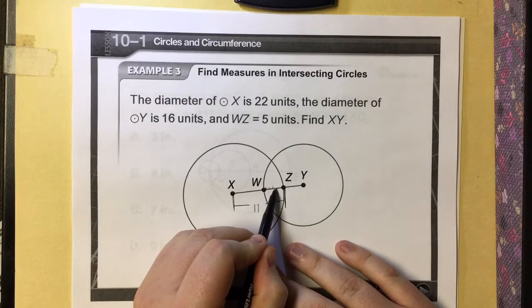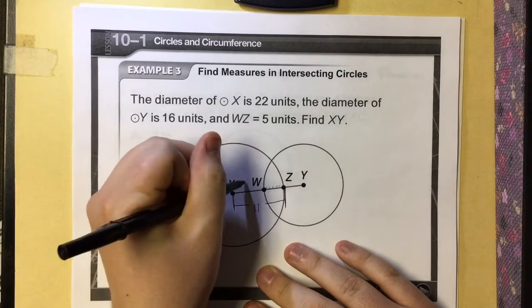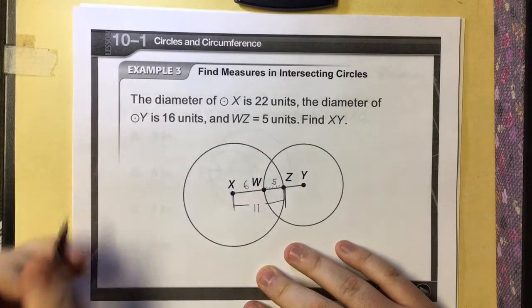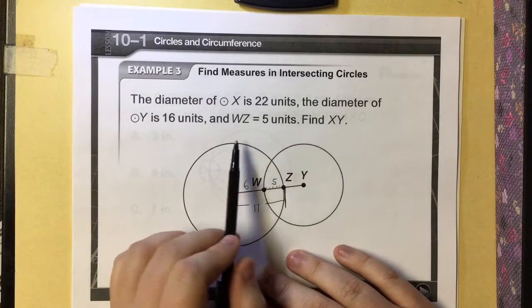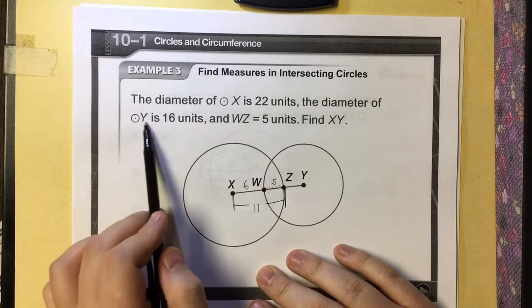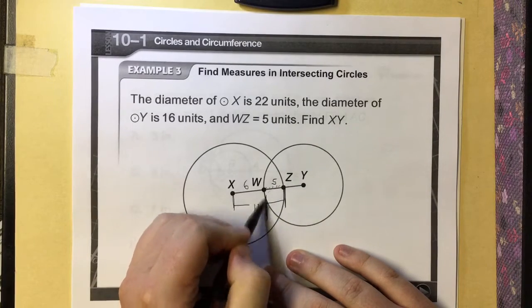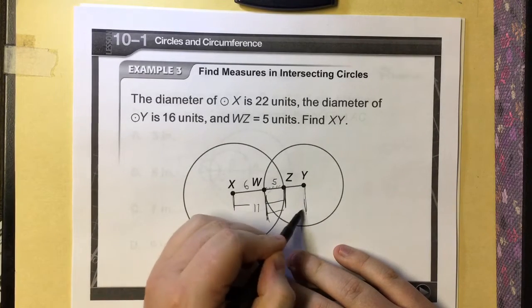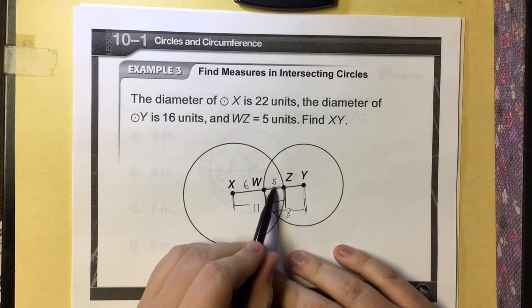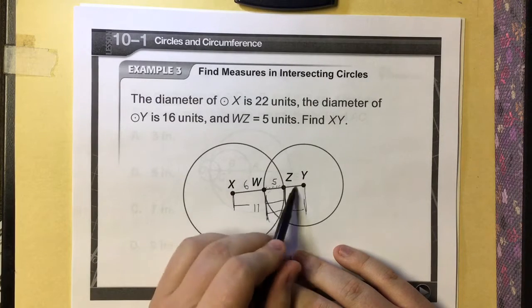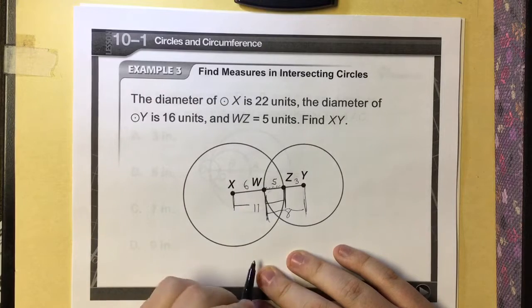If this part here is 5, I can find that this one is 6. And they tell us the diameter of this circle is 16, so from here to here, the radius is half of that, so 8. If this is 5, and the whole thing is 8, that means that's only 3 long.